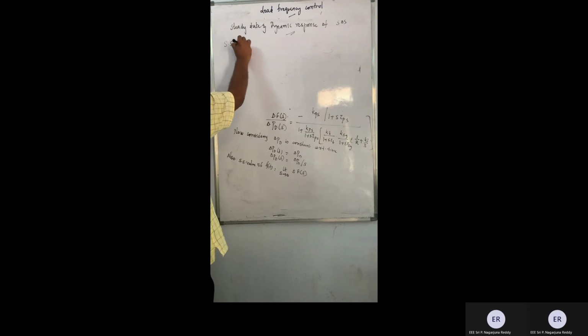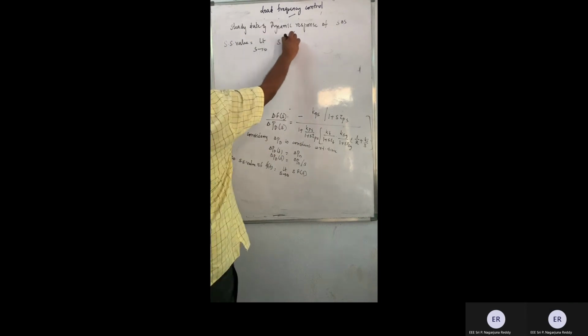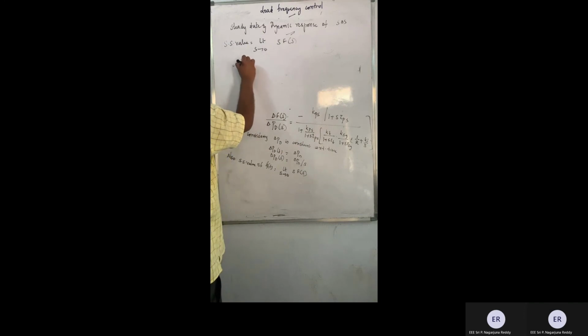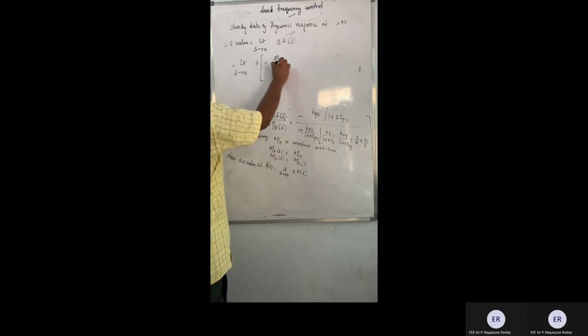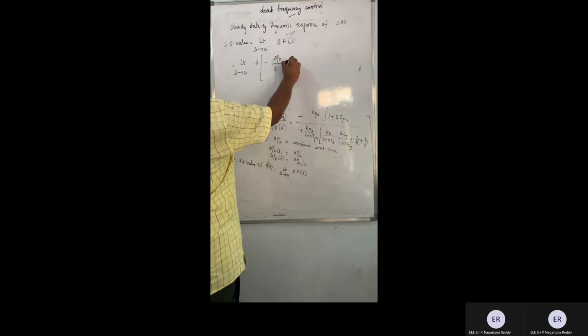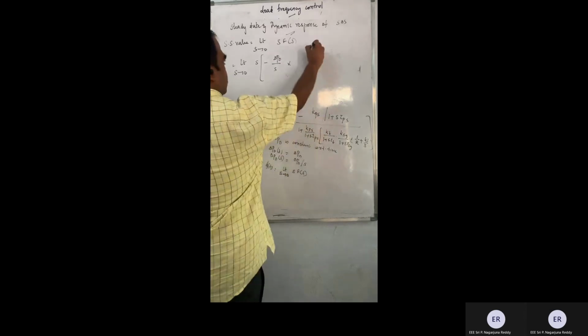So steady state value is equal to limit s tends to 0, s into f of s, right? So what is s into f of s? First of all, we are supposed to bring this one to here. So minus is already there, minus delta PD of s is delta PD by s into, this is the transfer function, right?